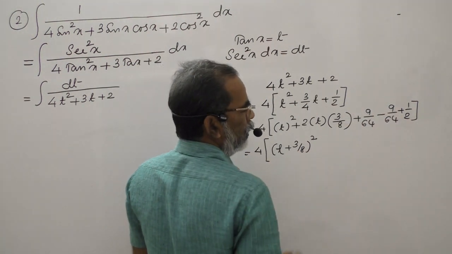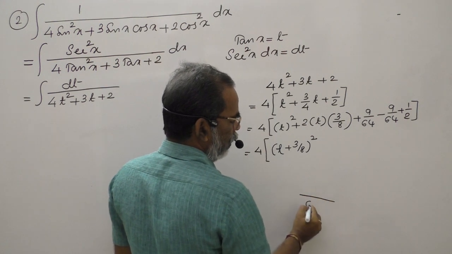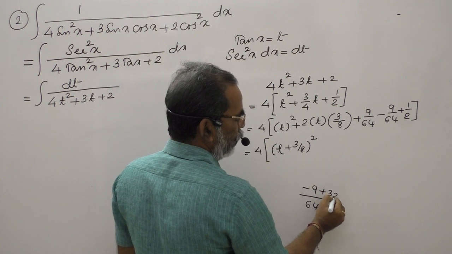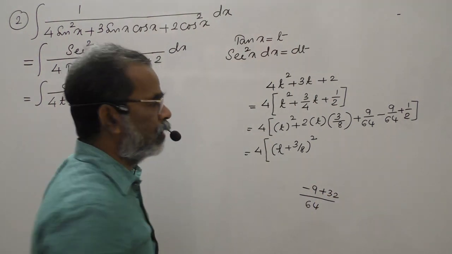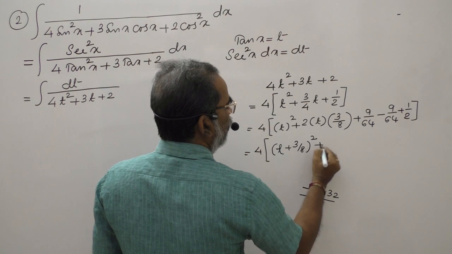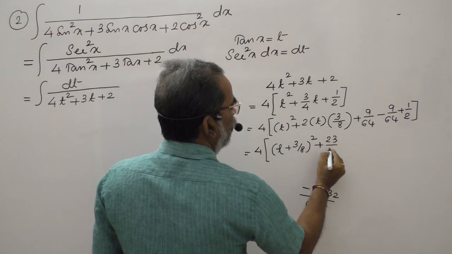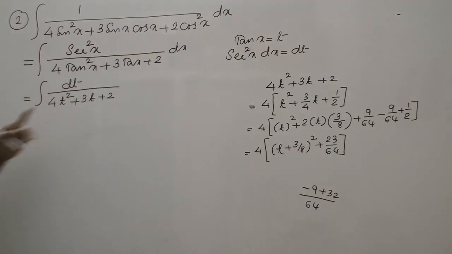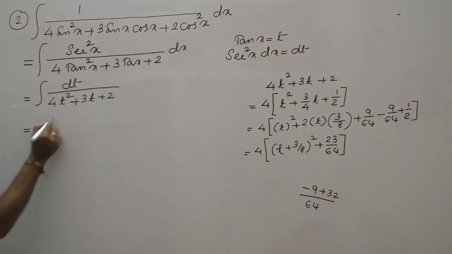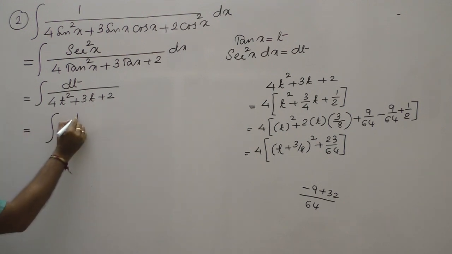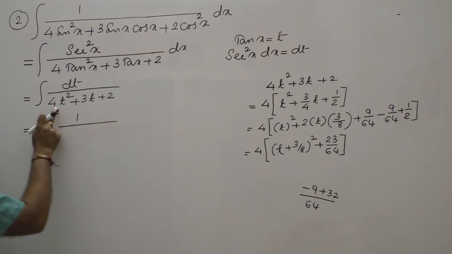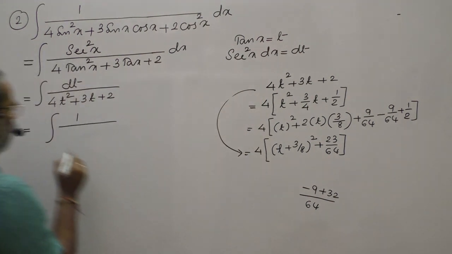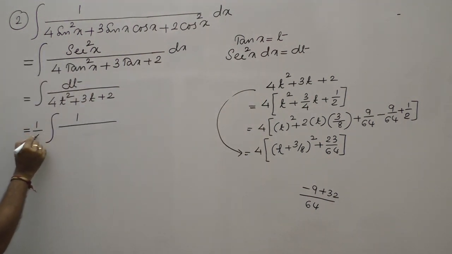If I take LCM, it is 64. I get minus 9 plus 32. Minus 9 plus 32 is plus 23, divided by 64. Yes. Now the integral becomes 1 divided by, in place of this I can substitute this. 4 is a constant, I will write it outside.